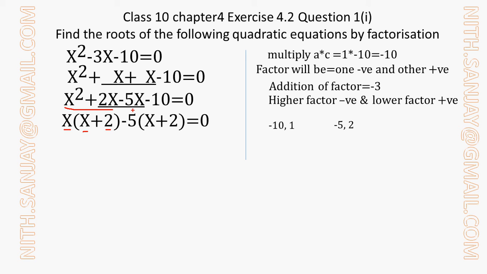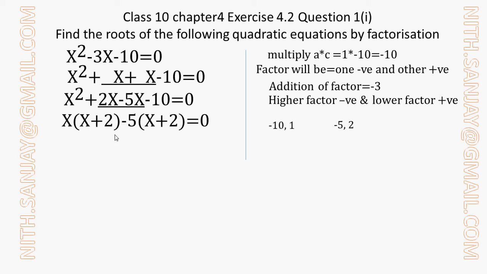From these last two terms I will take minus 5 as common, so I will be left with x plus 2, because if I remove minus 5 from minus 5x, I will be left with positive x, and if I remove minus 5 from minus 10, I will be left with positive 2.